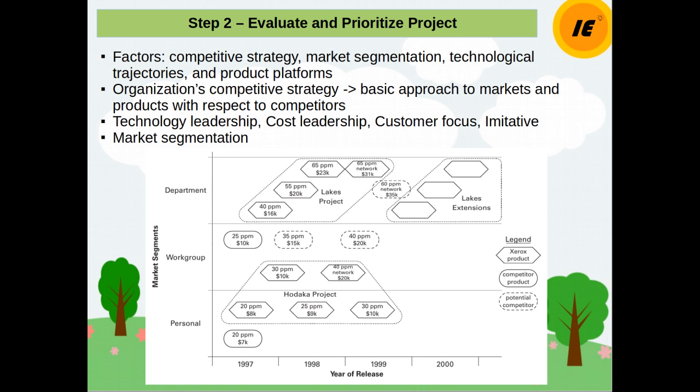The second way of evaluating and prioritizing projects is to understand market segmentation. That means how the product, or the derivative of the product, or spectrum of similar products, is defined, or basically how this market is segmented, because depending on segmentation you want to play your game correctly.